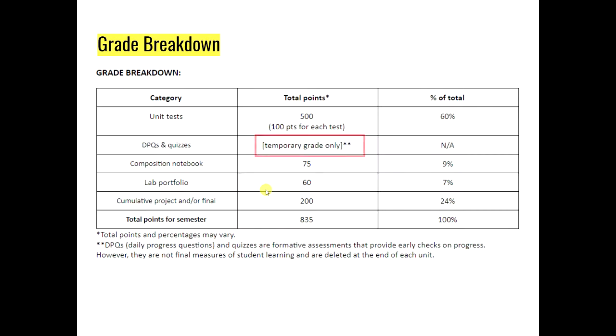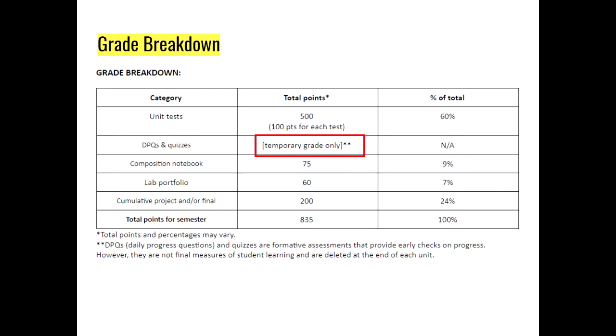Now there's a couple of things I'd like to point out. The DPQs, so this is a little different. I do quick assessments, usually on a daily basis. DPQ stands for Daily Progress Questions, and they're temporary grades. I put them in the grade book to give feedback. I'm a science teacher, so I'm a data nerd. I'm going to give you tons of data, probably more than you want.